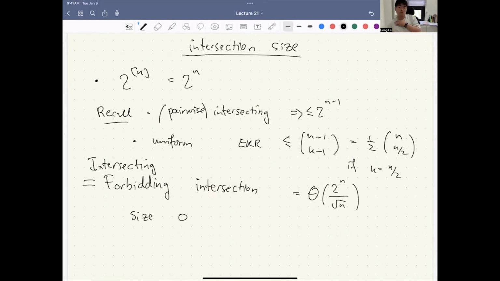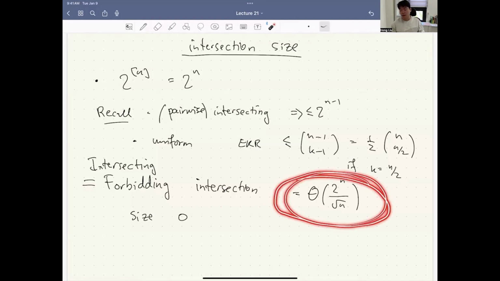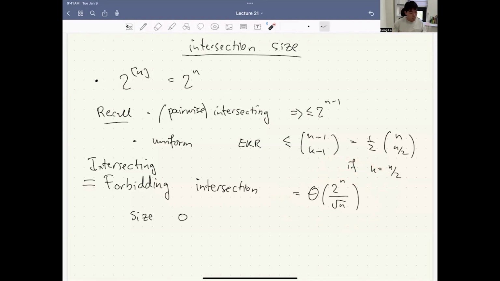Okay, so that means forbidding the single value 0 for pairwise intersection size does not affect too much how many sets we can put into this family. Somewhat surprisingly, forbidding some other values will drastically decrease the maximum size, exponentially in fact. Okay, we shall see.